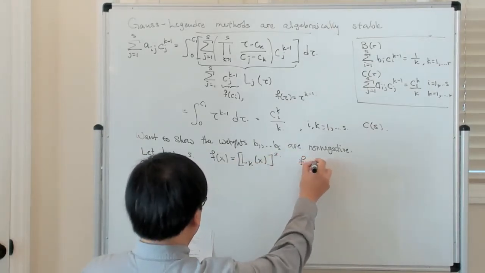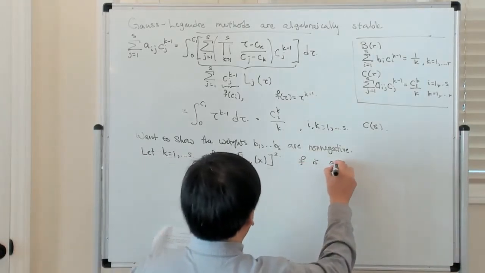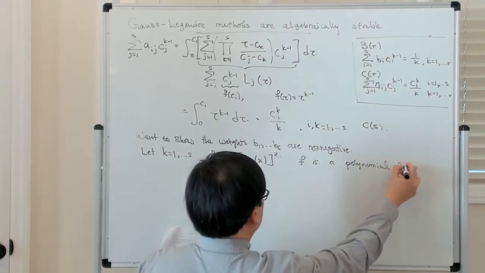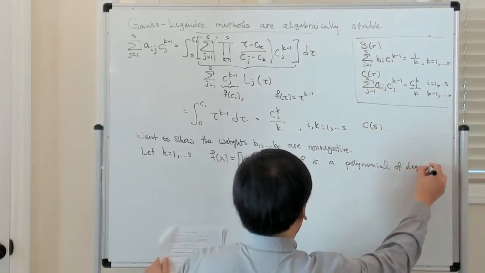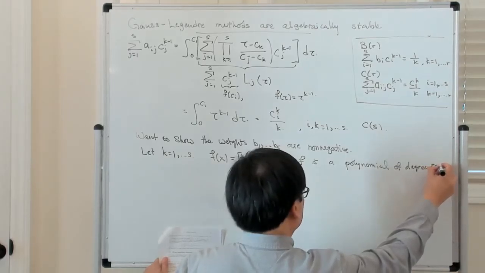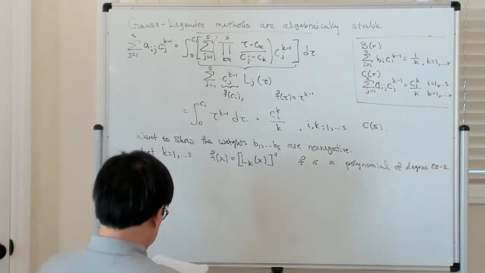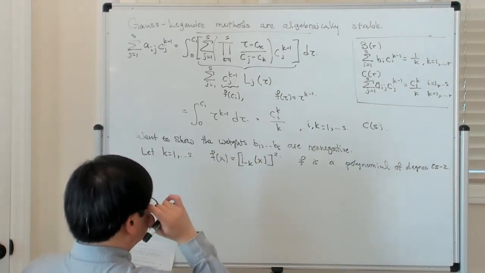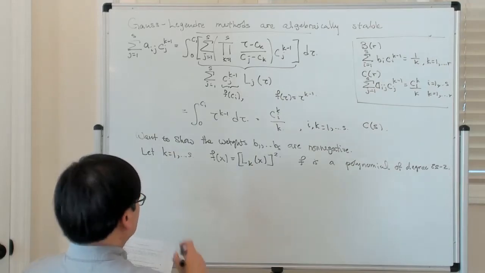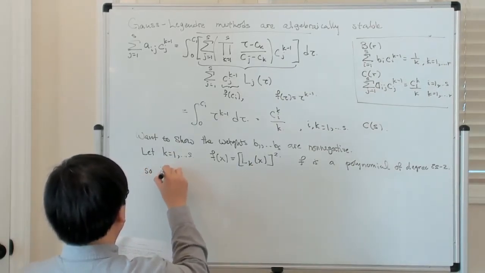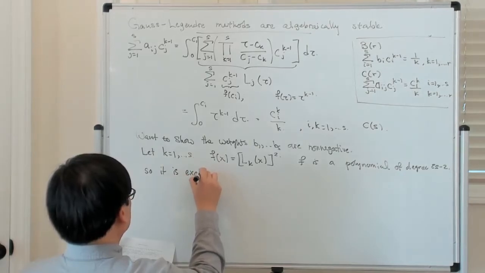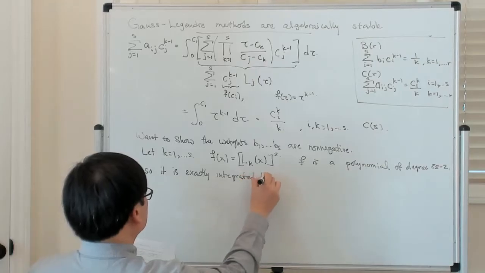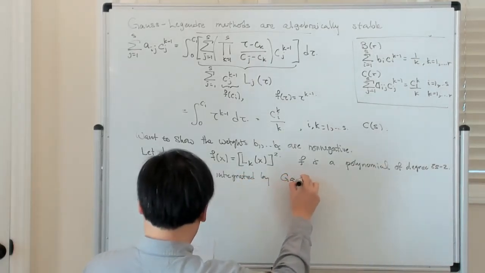So f is a polynomial of degree 2s minus 2, right? So since it's a polynomial of degree 2s minus 2, it is exactly integrated by Gaussian quadrature.